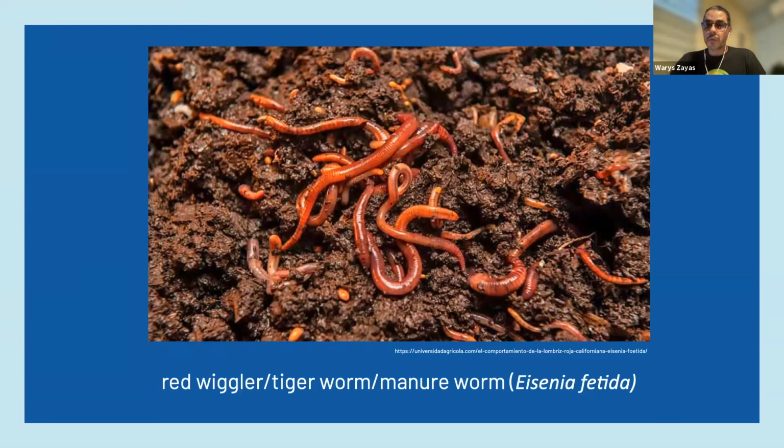One difference between them is that Eisenia fetida is a kind of smaller, and the rings along the body are more pronounced, right? You can see those rings in more detail. That's the reason why people call them tiger worms.